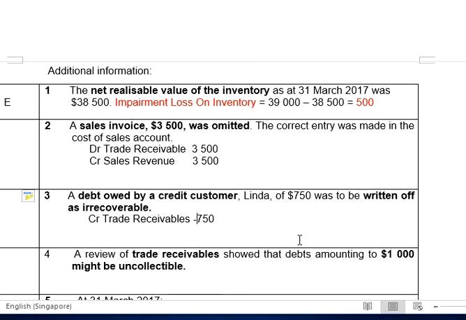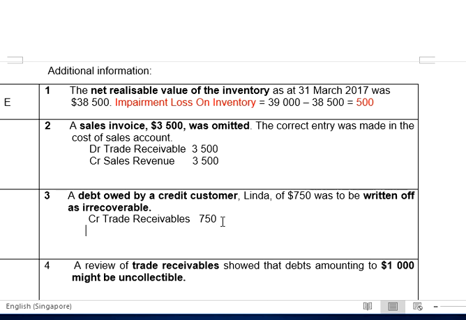At the same time, you will also have to change the allowance figure because of its double entry, debit allowance for impairment of trade receivables.